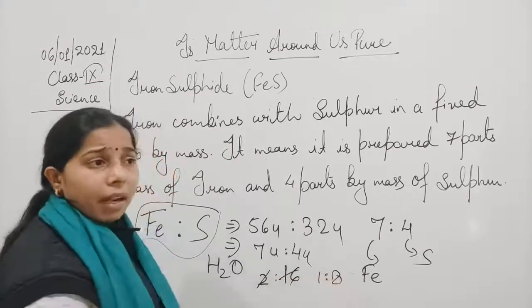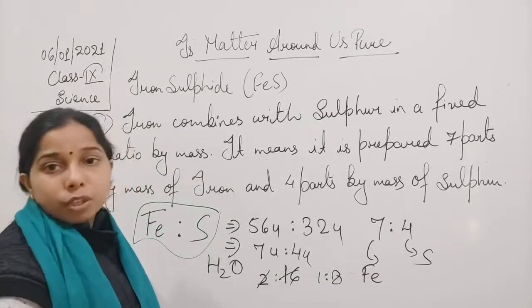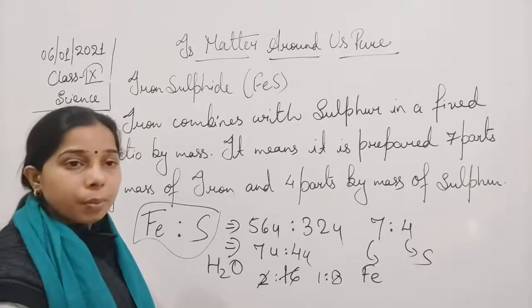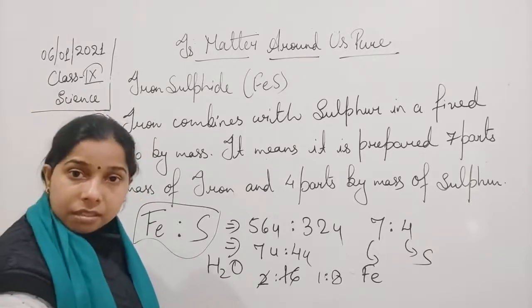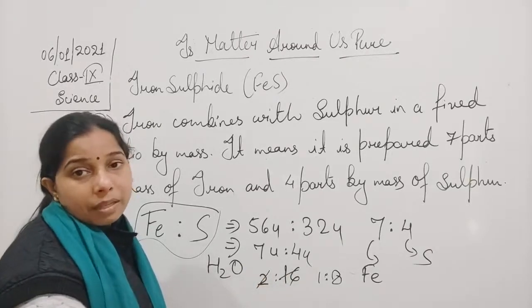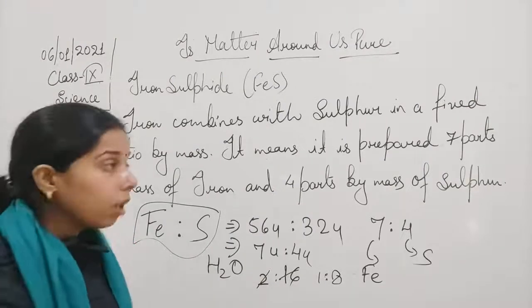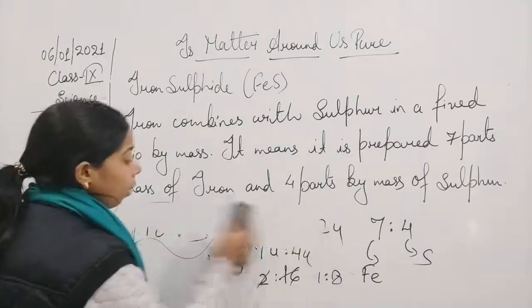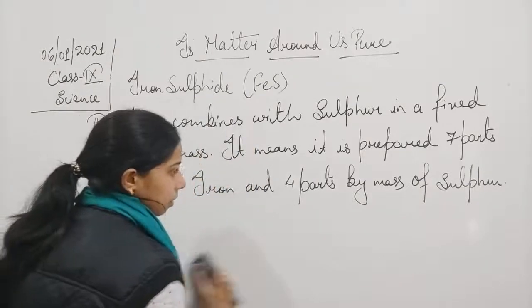So wherever you find water, whether you obtain it from any source, rain water or river water, the formula remains the same, and if so, then absolutely the ratio between the two elements also remains the same. So we have seen by all this that a compound always combines in a fixed ratio by mass.